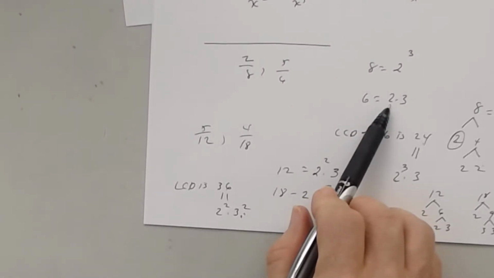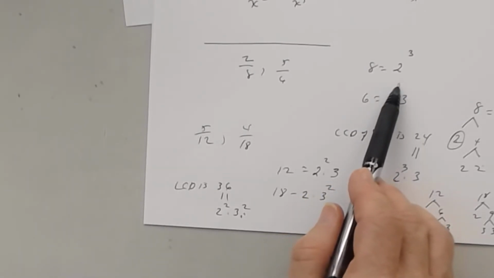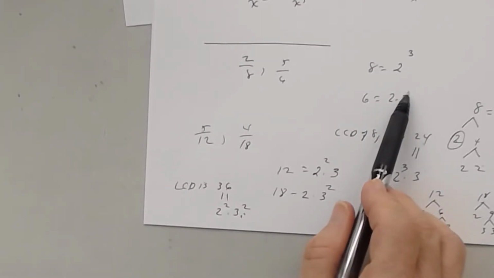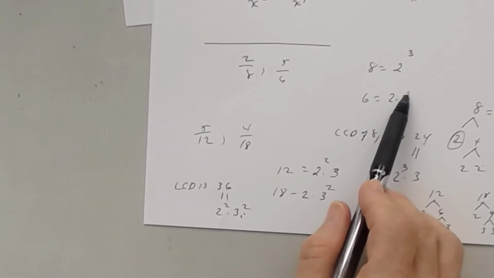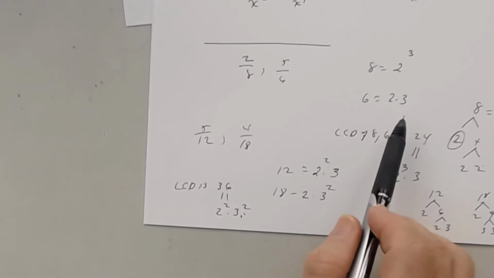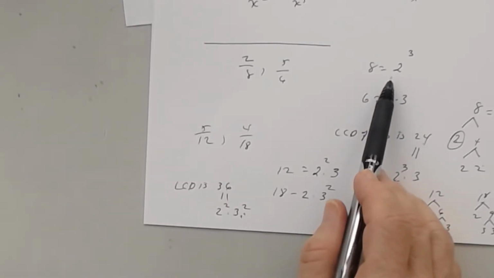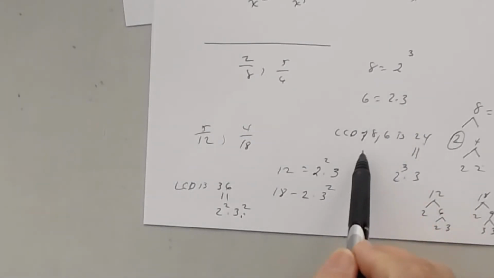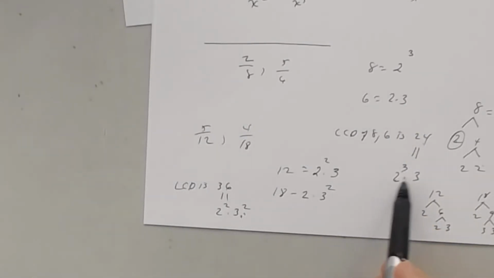It occurred how many times as a factor? 1, because the exponent's 1. 3 is a factor and occurred how many times? 1. So your LCD has to include every factor that you see. I saw factors of 2 and I saw factors of what? 3. So my LCD has to have a factor of 2 and a factor of 3.